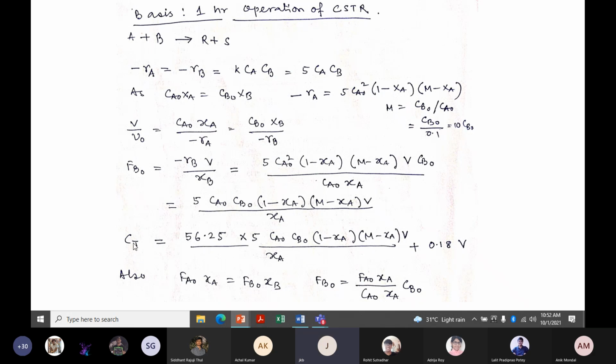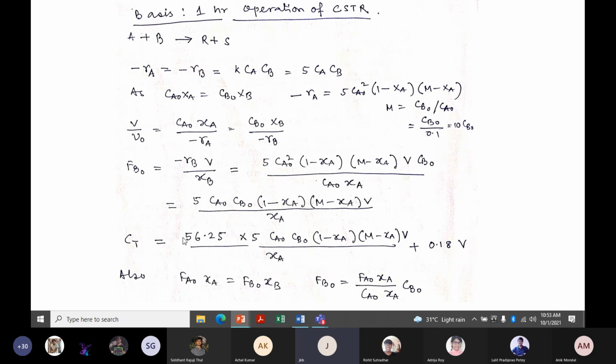Write the cost objective function Ct. The cost is given 56.25. Then rate equation, that is multiplied by Fb0 and Fb0 is given this.